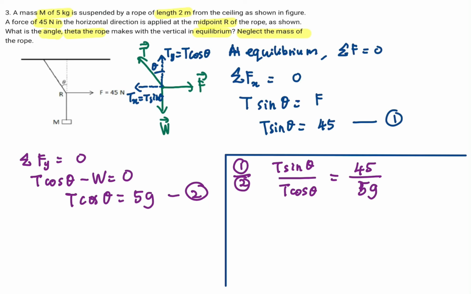T will cancel, so tangent theta equals 45 over 5g. So calculate your theta and you will get 42.5 degree. So this will be your answer.